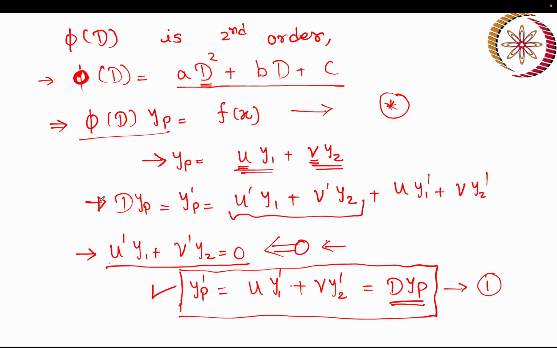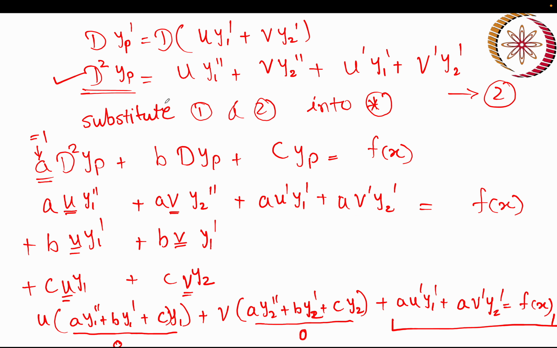When we take the derivative, we get the terms where we are taking the derivative of u and v, and those terms we have equated to 0. So that is one condition. And next we took another derivative and substituted back into the original equation, and then combined the terms which correspond to the first complementary solution, and the second complementary solution, which is y2.